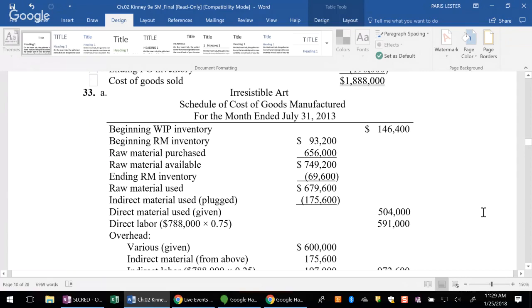You're both right. Now, why are you both correct? When Lorenzo calculated 679, that was raw materials used, which included indirect materials. You could plug in that indirect materials, which goes into overhead, was 175.6.